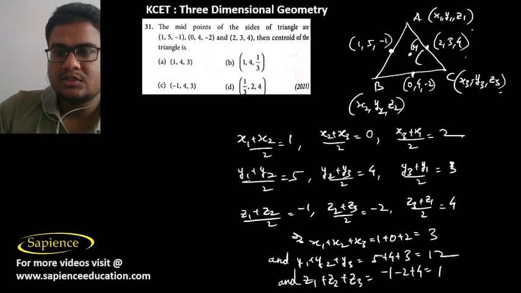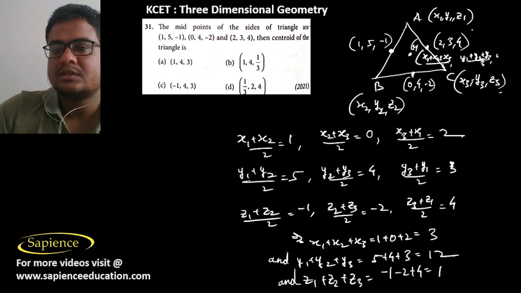But then the centroid G is given as x1 plus x2 plus x3 by 3, y1 plus y2 plus y3 by 3, and z1 plus z2 plus z3 by 3.